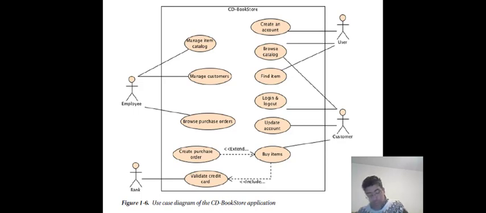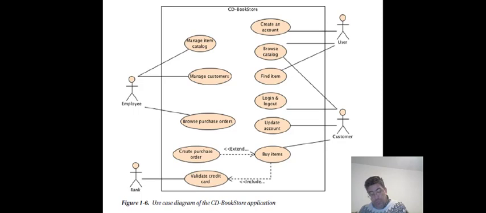Using a shopping cart, customers can add or remove items as they browse the catalog and check out, so they are able to pay and obtain a purchase order. The application has external interaction with the bank system to validate credit card numbers.